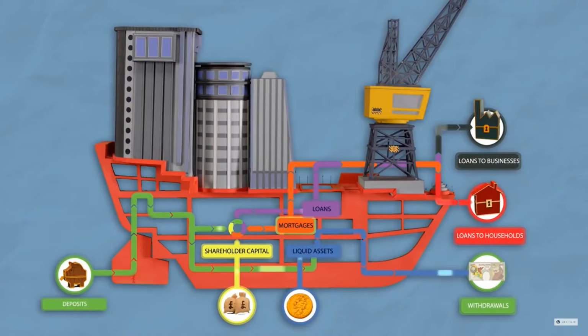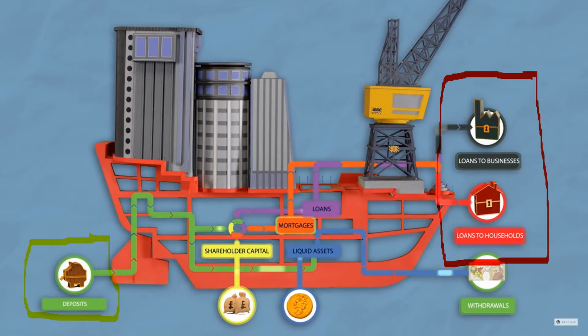So first of all, let's have a look again at how a bank operates. Effectively what a bank does is it takes deposits from households and firms, individuals operating within the economy, and then loans that money out to businesses and households.